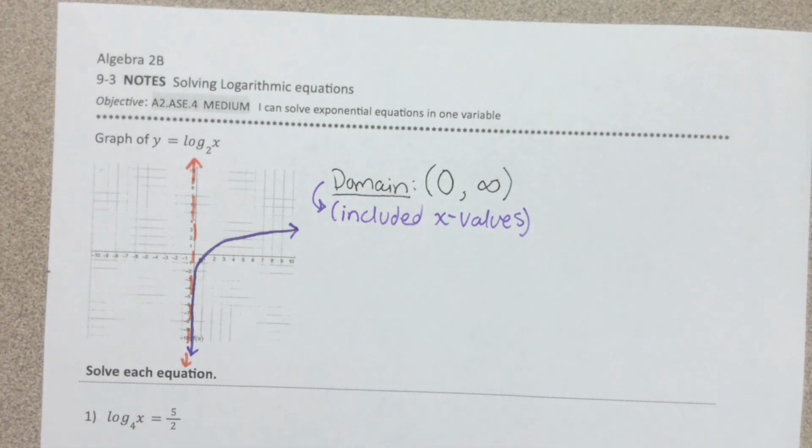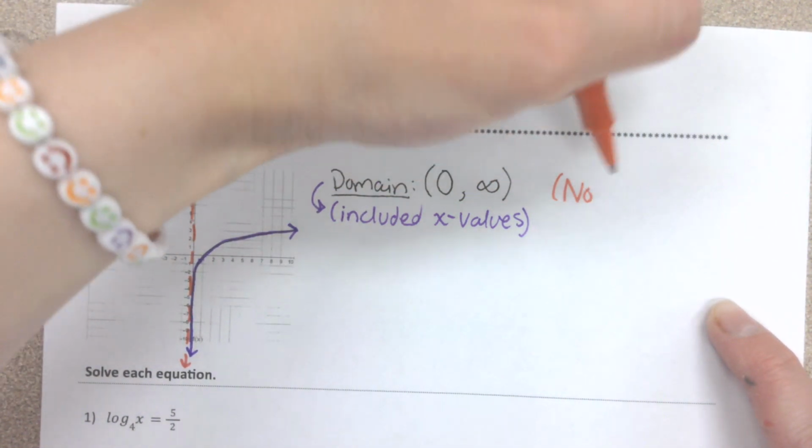All right, the big point that I'm building to here. What numbers are not included in the domain? What type of numbers? Negative numbers. The negatives. Everything to the left of that asymptote are the negative numbers. So no negatives is the big point here.